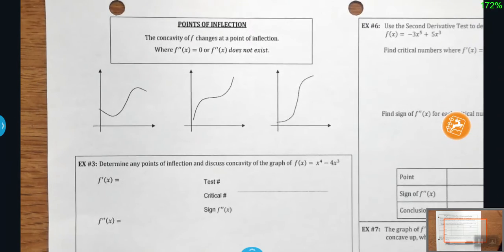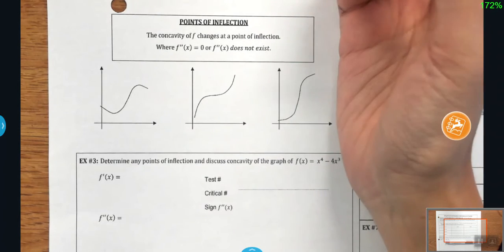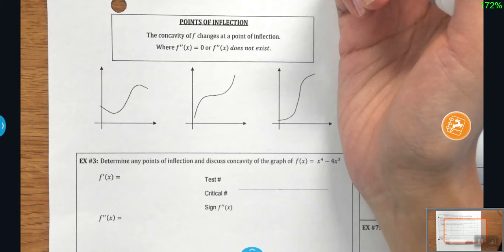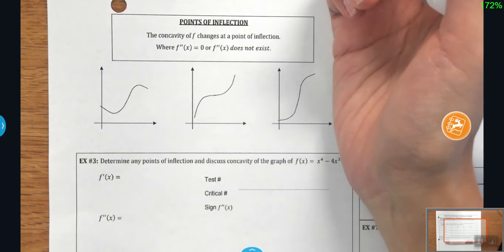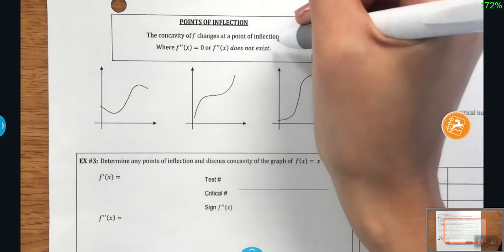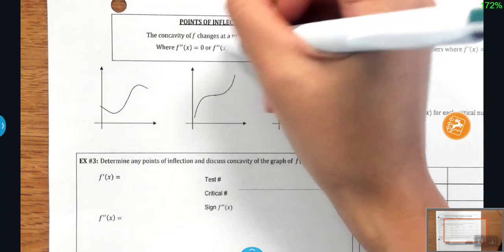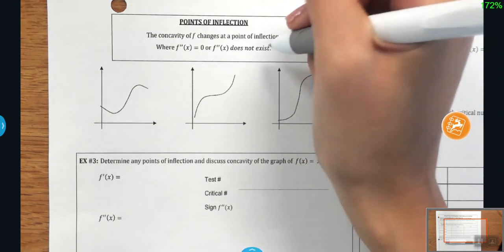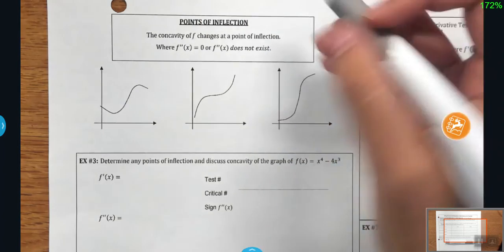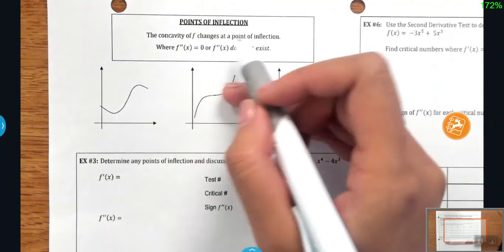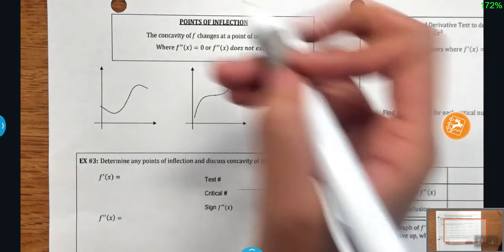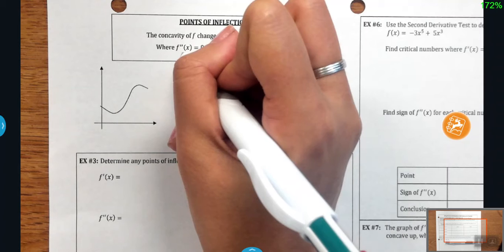Okay, points of inflection. It's where f double prime of x equals 0 or f double prime does not exist, but I'm missing something here, because just because the second derivative equals 0 does not necessarily mean it's a point of inflection. What does it have to do?